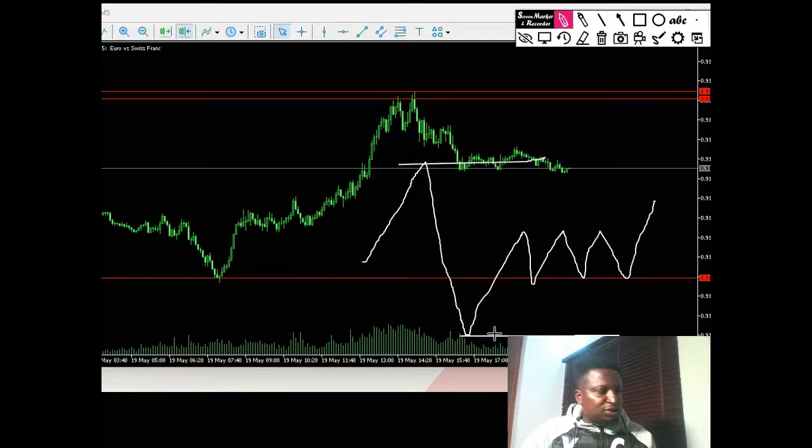You first of all take out your resistance at the highest level, and also your support at the lowest level. There is an utmost indication that these areas can be major key zones.